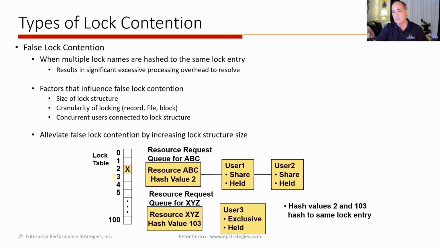So what we're looking at on this particular slide, I'm trying to demonstrate, is we have a resource called ABC and users 1 and 2, 1 and exclusive. So they get entry number 2 for that request. Along comes a requester, user 3 in this case, requesting XYZ. And then when the coupling facility goes to assign a lock table entry to it, it happens to pick the same lock table entry as ABC.